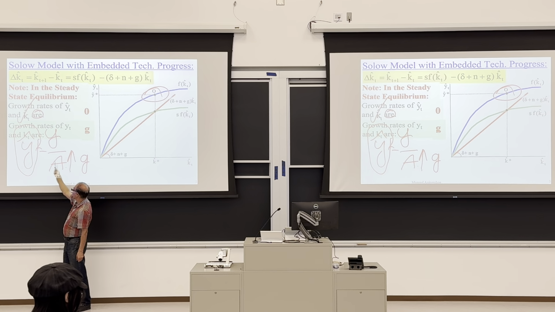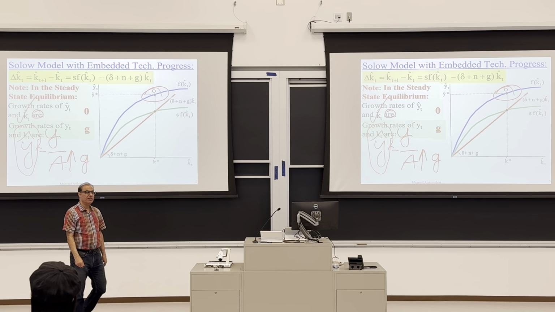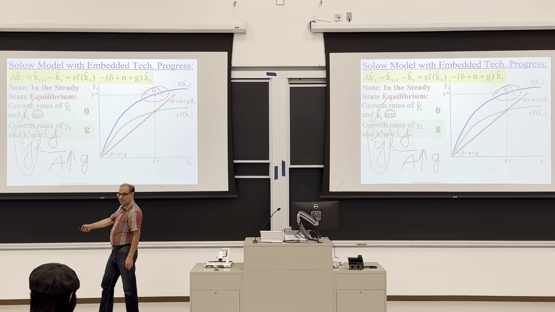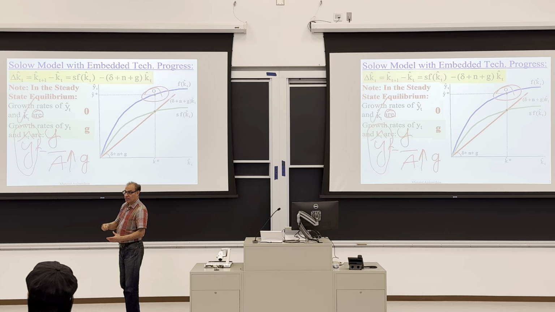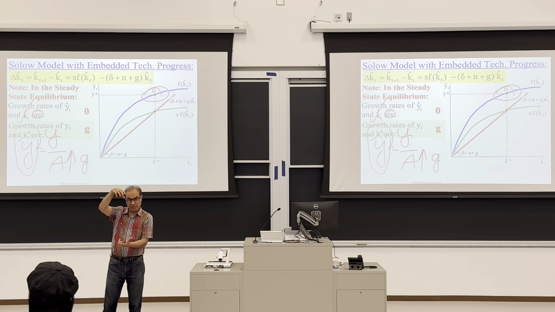So what is the growth rate of the numerator? If you have a fraction and the fraction is fixed, and the denominator goes up at rate G, there is only one way: the numerator must go up at rate G.